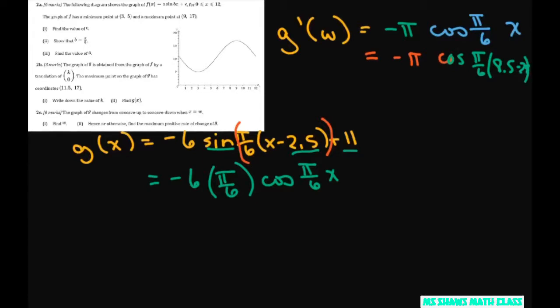All right, and that's going to give you negative pi cosine pi over 6 times 6, which gives you negative pi cosine of pi. Cosine of pi is negative 1, so it's negative pi times negative 1, which equals pi.